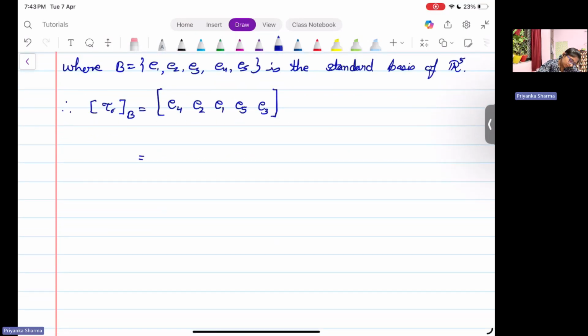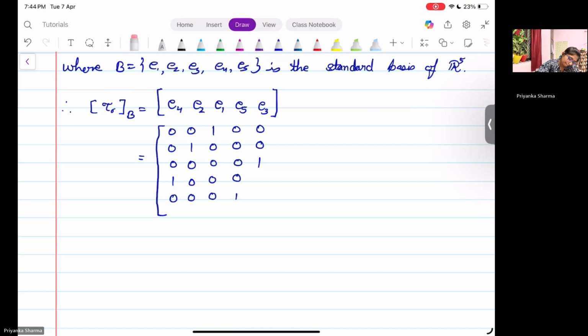So this is actually the matrix 0, 0, 0, 1, 0, 0, 1, 0, 0, 0, 1, 0, 0, 0, 0, 0, 0, 0, 0, 1, 0, 0, 1, 0, 0.